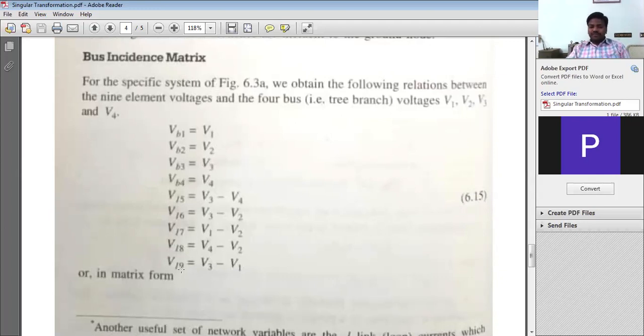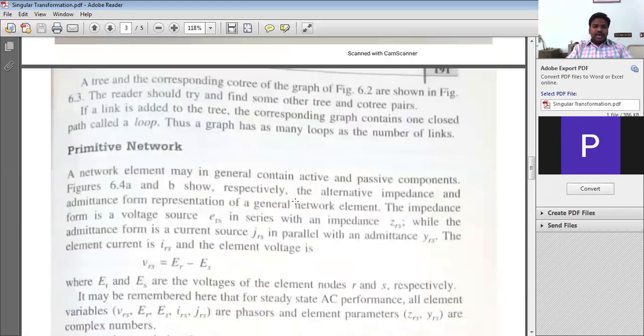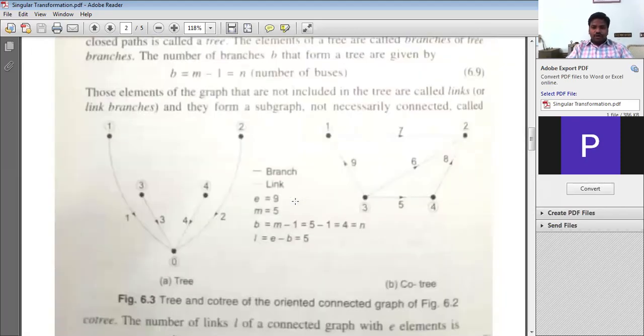B stands for bus or branch, L stands for link. So we have just talked about these two terms, link and branch. So how can you obtain VL5 just by considering V3 and V4? Let us see how this comes from the diagram we have taken. Okay, now you see here.